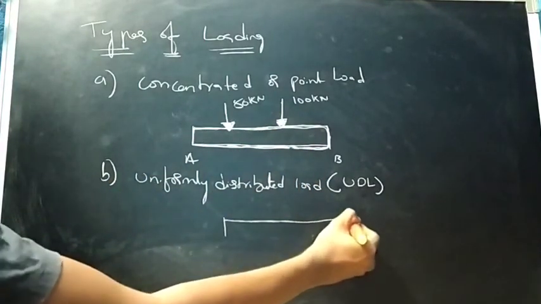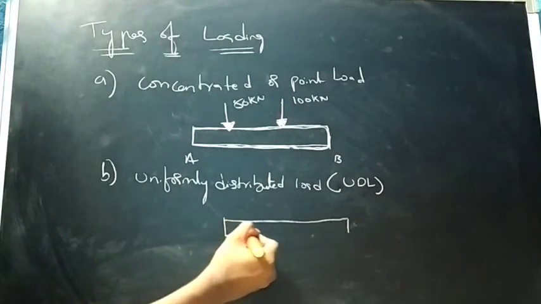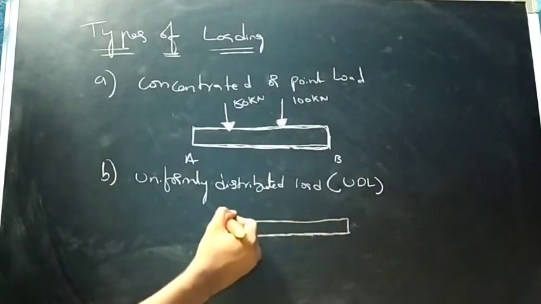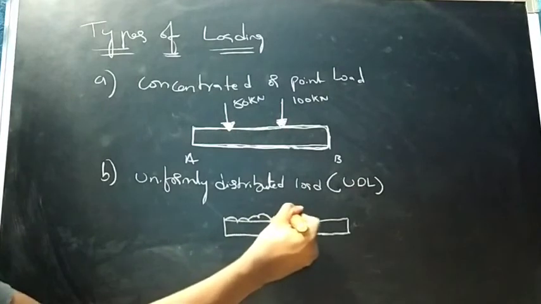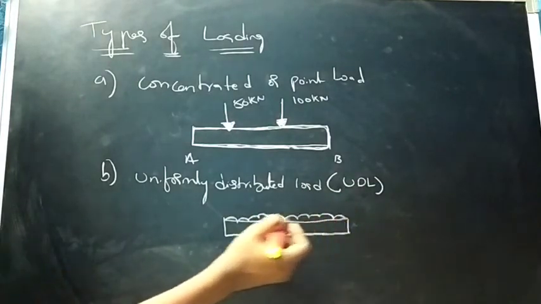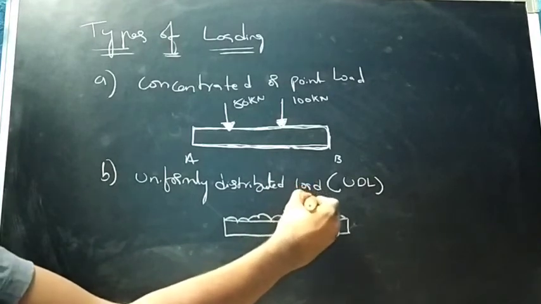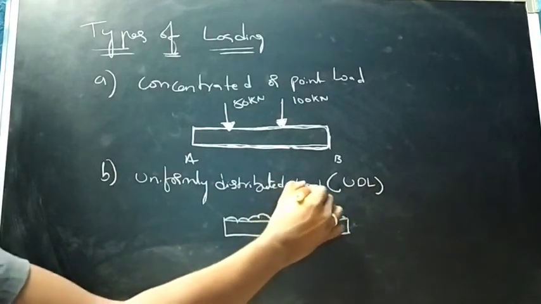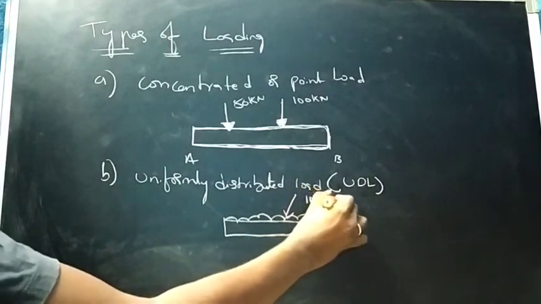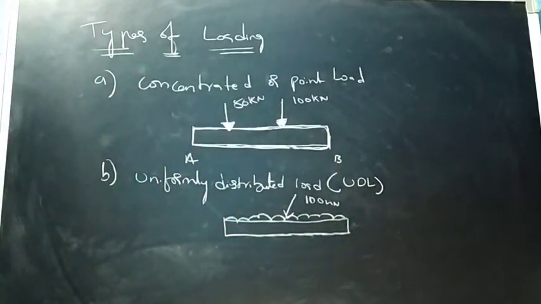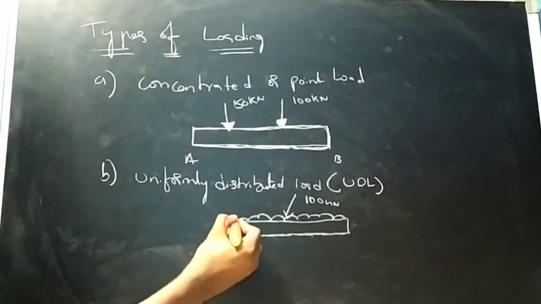So let us consider a beam and apply uniformly distributed load. So we can represent the uniform distributed load by this kind of diagram. So load is, let's say, 100 kilonewton, right? So it is distributing uniformly.